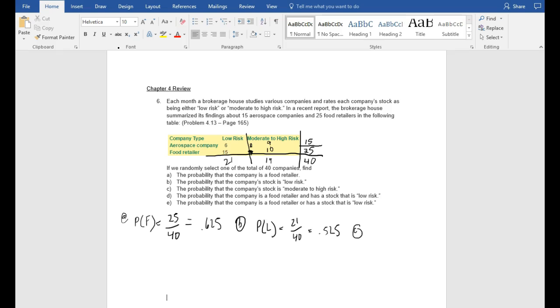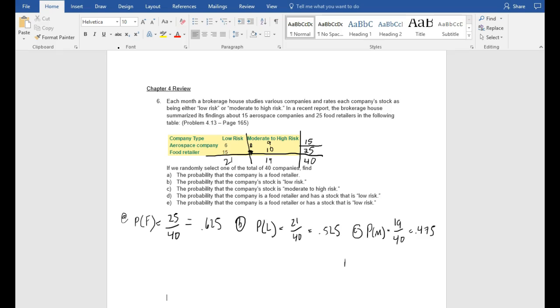We move on to C. The probability that the company's stock is moderate to high risk. So similarly, the marginal frequency, so over the total. So 19 over 40, which is 0.475. One thing you notice with B and C is they're complements of each other.